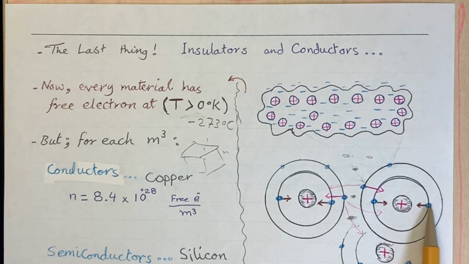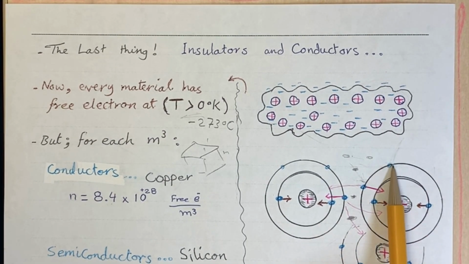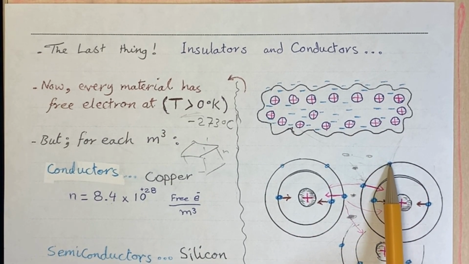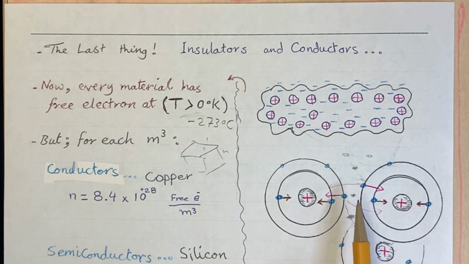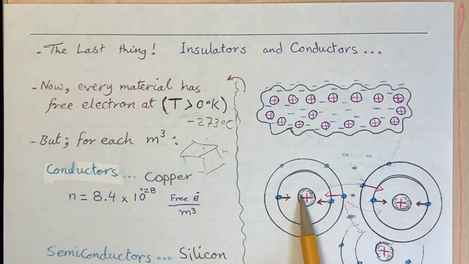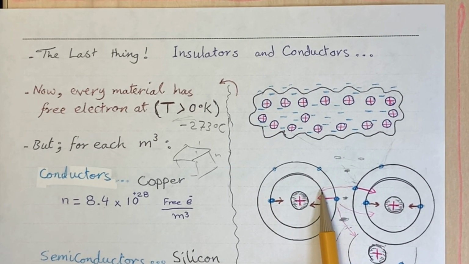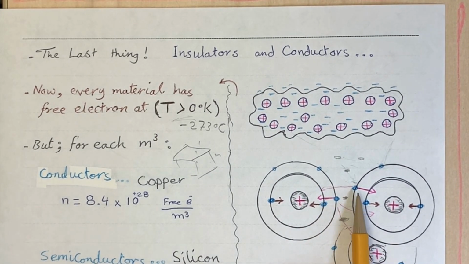They cannot escape under any small forces. But for the outer electrons, if we give them some energy, they tend to escape, especially if there is another positive nucleus on the other side attracting them. This makes the escaping easier for them.